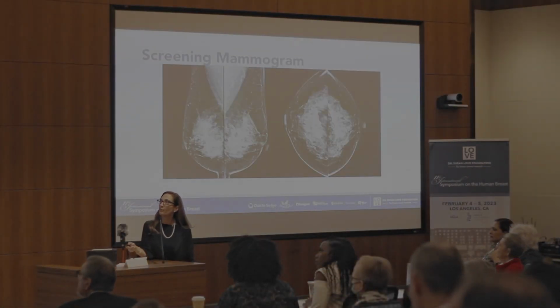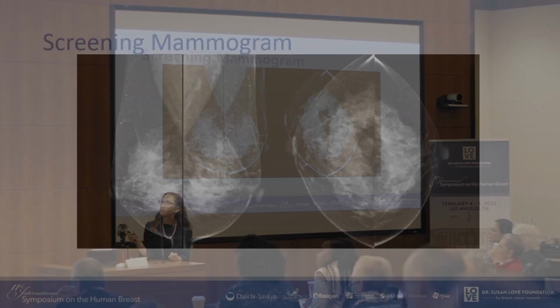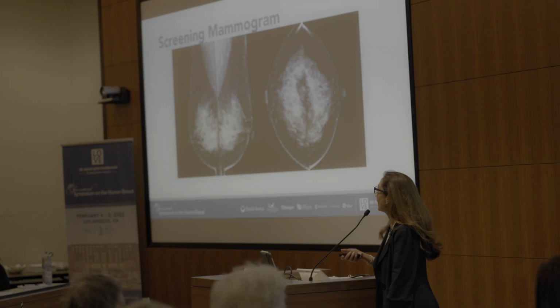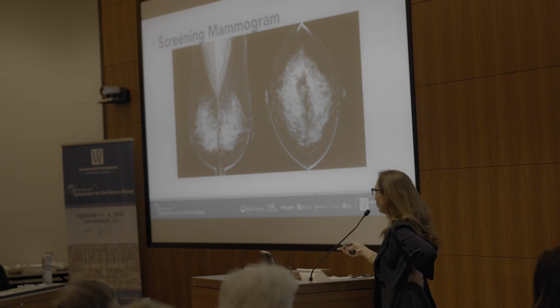Most women who get a mammogram get two views: the mediolateral oblique view, which is the MLO view, which compresses the breast from side to side, and the CC view, the craniocaudal view, which compresses the breast from top to bottom. Black is fat on the mammogram, white is glandular tissue. Breast masses, both benign and malignant, appear white on the mammogram.